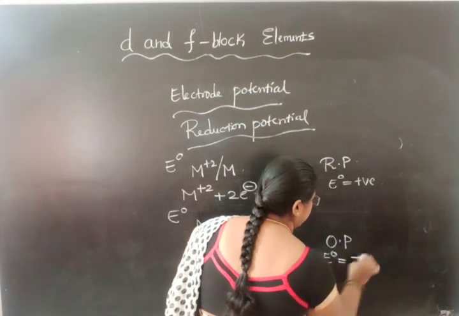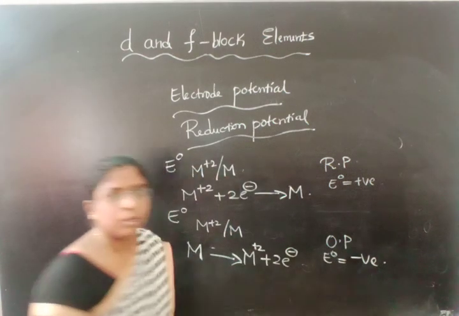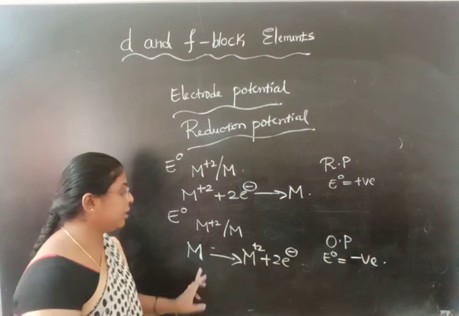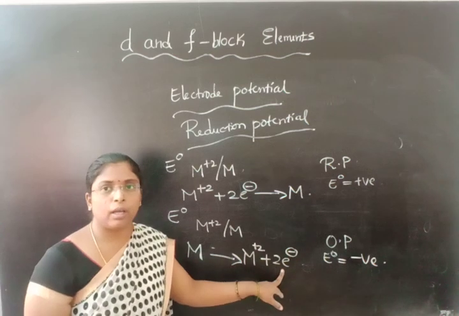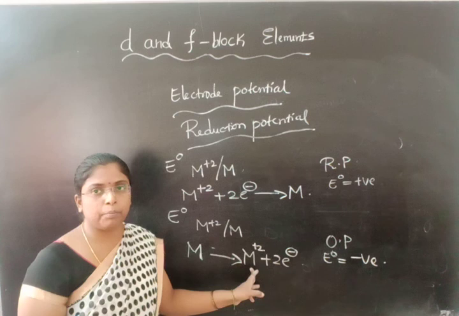E naught will be negative. The more negative it is, the greater its tendency to lose electrons and form M plus 2.